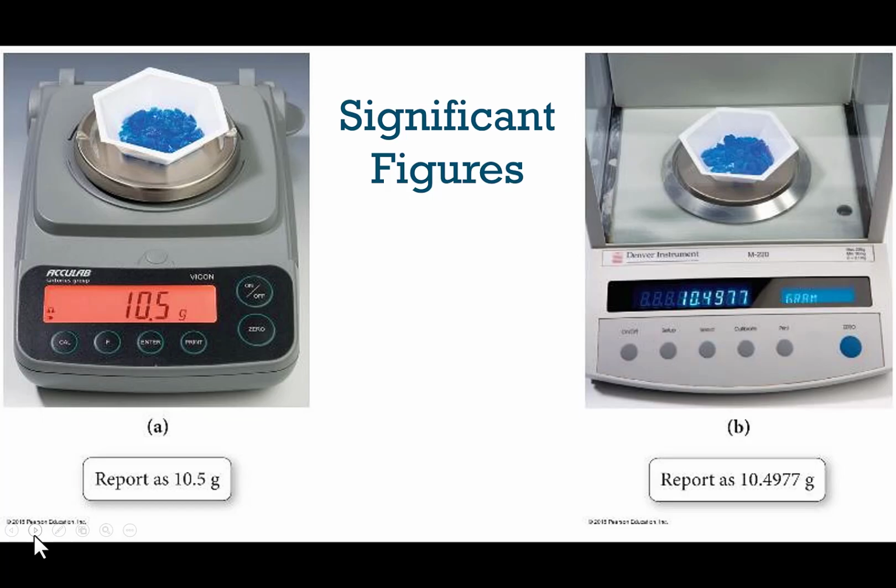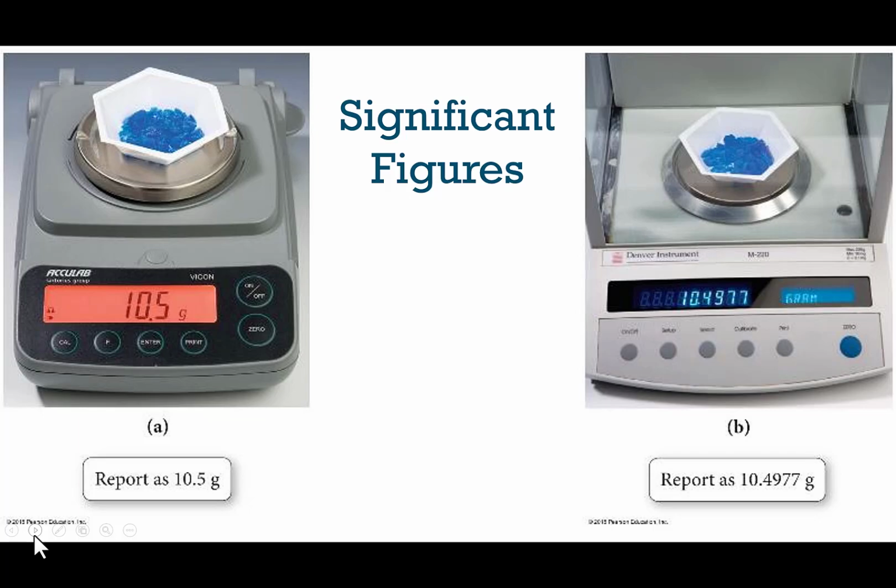What about this scale? Measuring the same blue blob, here the scale reads 10.4977. So this is a little bit closer to what you would see in a chemistry laboratory. Now, how many significant figures does this scale give me? Yeah, 6, right?